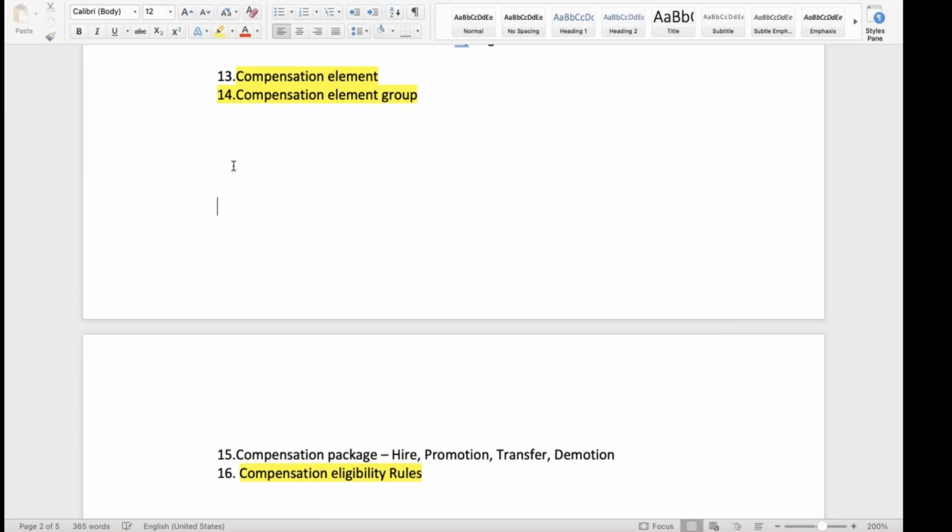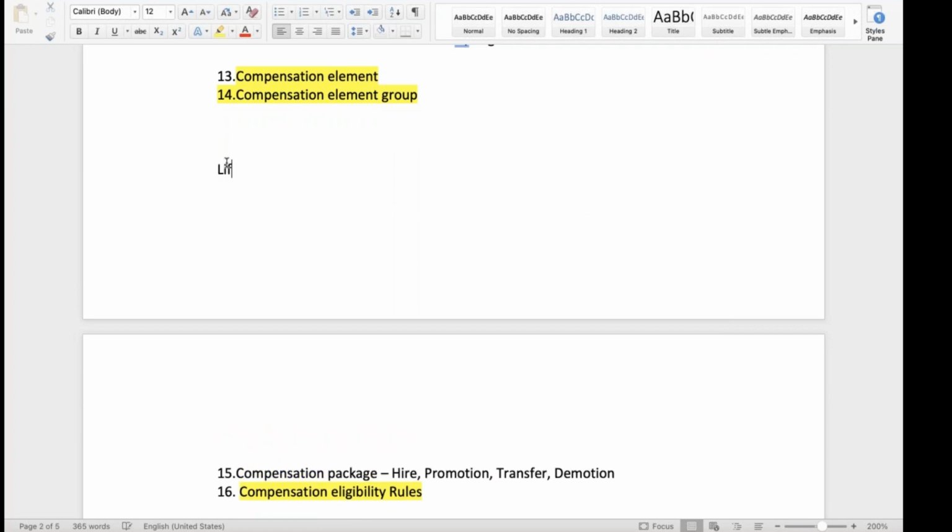They want to offer life insurance coverage based on employee base pay plus car allowance, multiplied by 10 times.